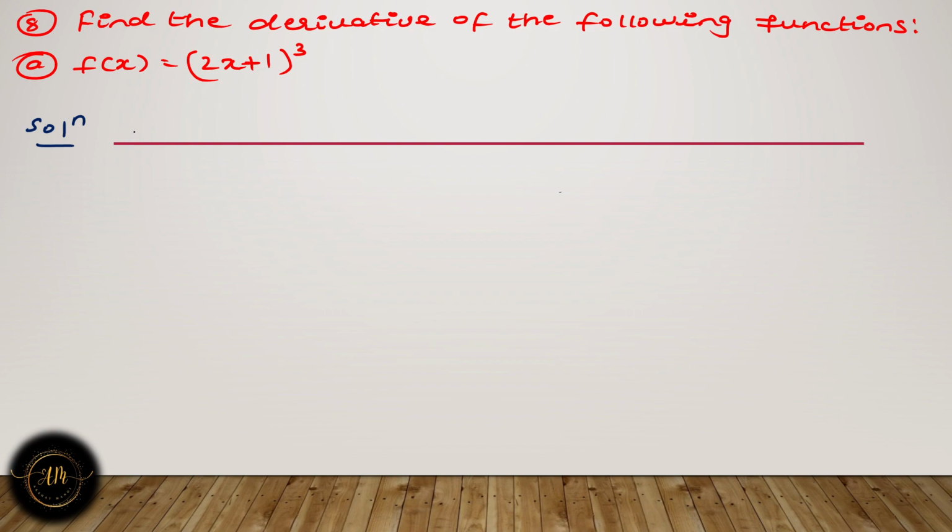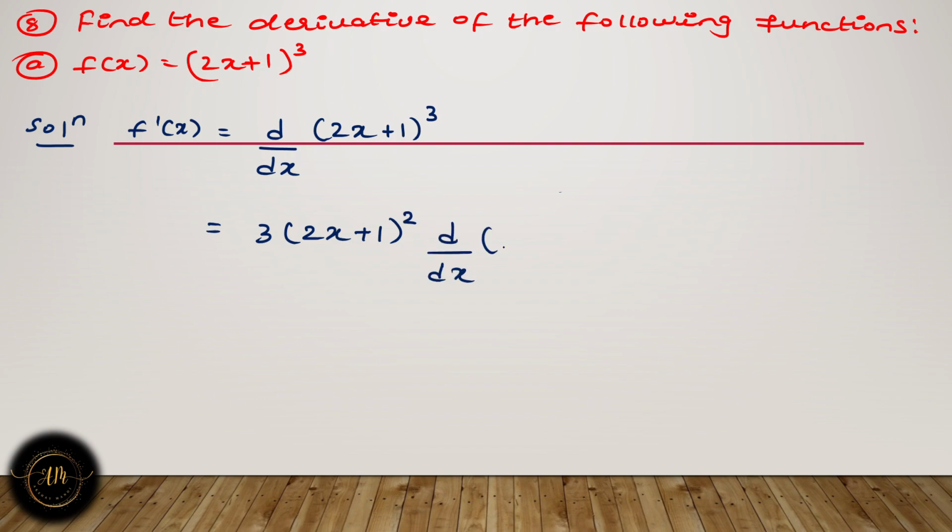We have to find f dash x is equal to d by dx of 2x plus 1 whole cube, which is equal to 3 into 2x plus 1 to the power of 3 minus 1, that is 2, into d by dx of 2x plus 1.